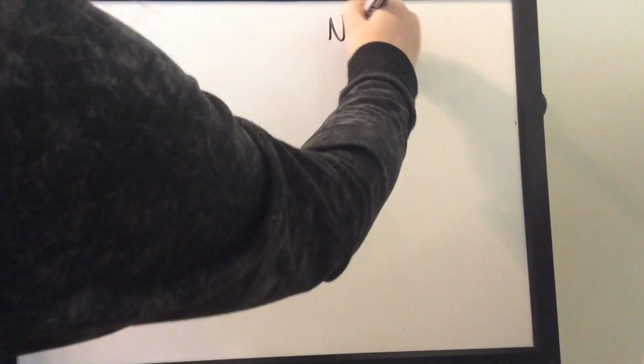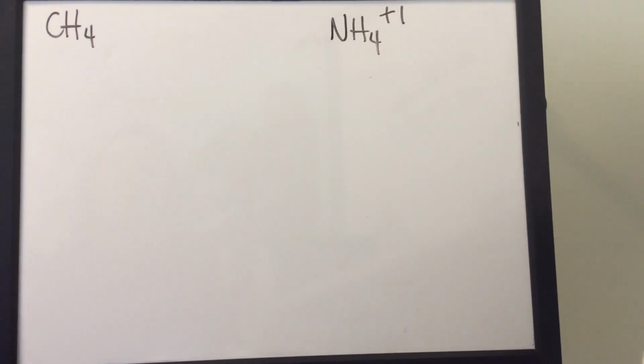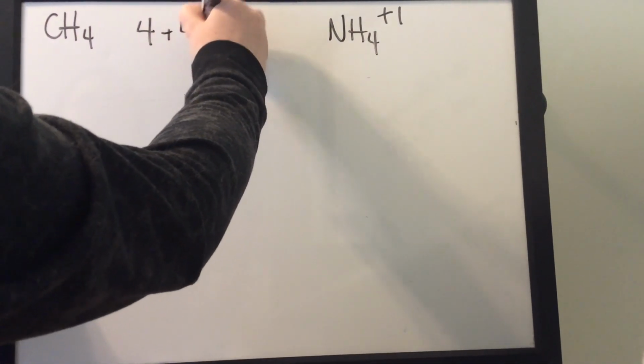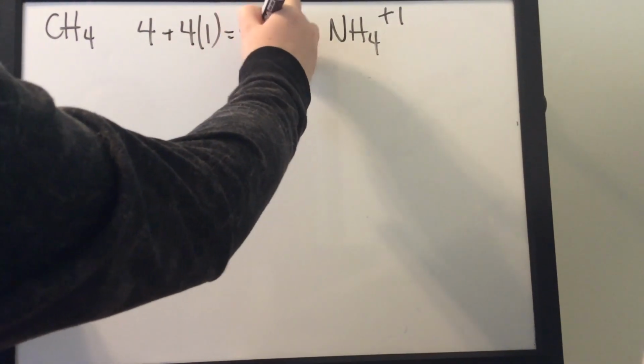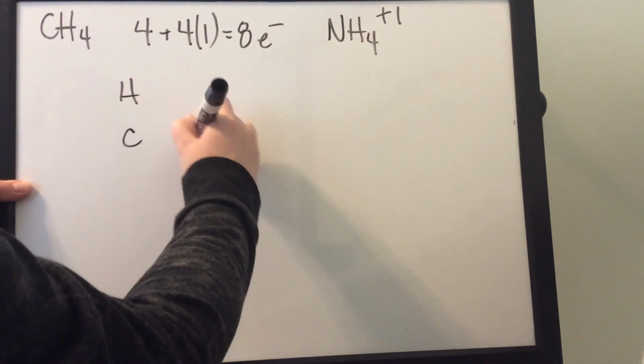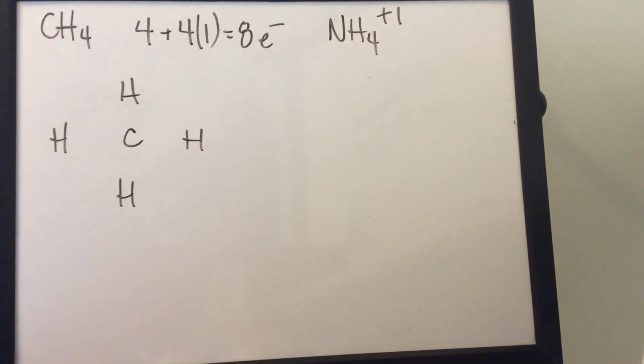CH4 and NH4 plus 1. All right, so CH4, count valence: 4 for carbon. Each hydrogen brings me 1, so that's 1 times 4, total of 8. It seems to be a very common number on these practice ones. More than 2 atoms, but I have a carbon for the first time. So carbon will go in the middle, and the 4 hydrogens will connect to the carbon. I'm just going to surround the carbon with the 4 hydrogens.